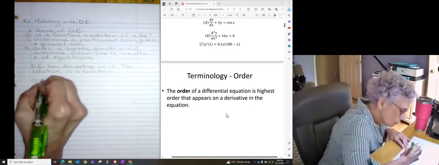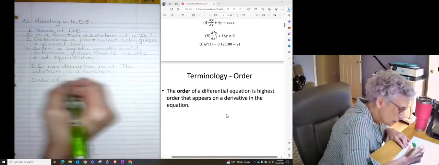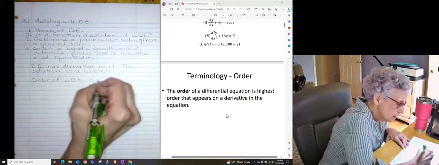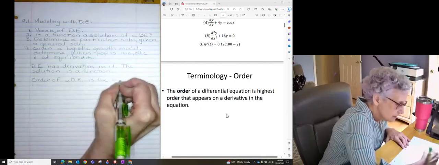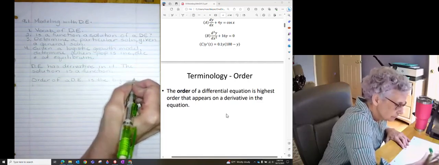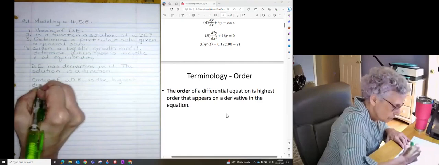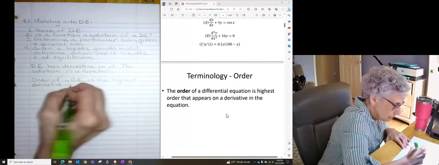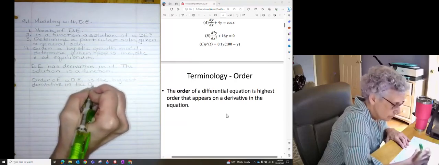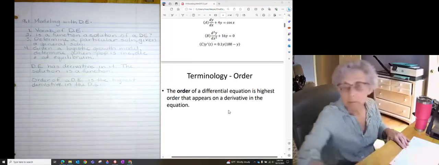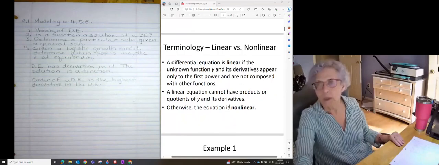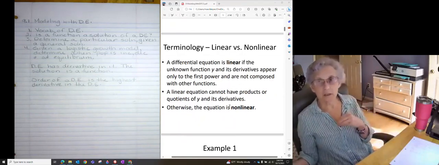So, the order of a differential equation is the highest derivative in it. Linear versus nonlinear.